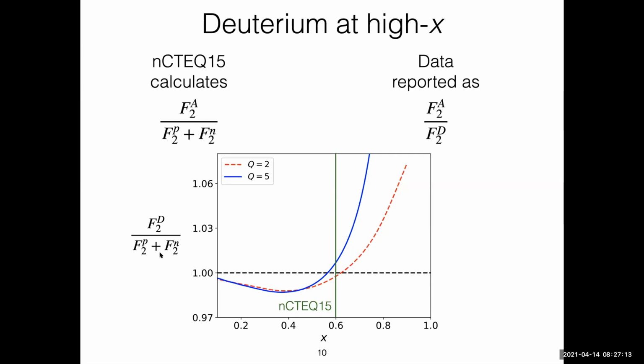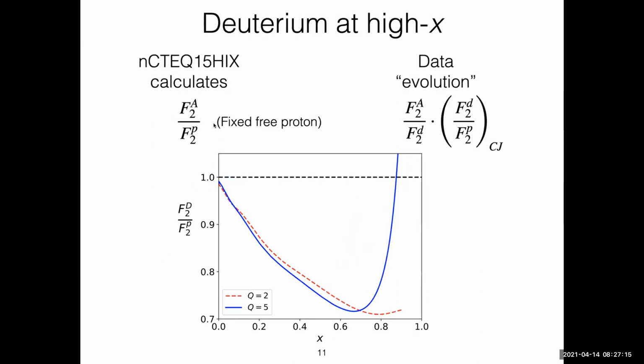So the approach that we've used in nCTEQ15 high X is that we again calculate F2A, but now we have a fixed F2P, and we essentially evolve the data from F2A. Instead of being reported as a ratio to F2D, we multiply by parameterizations of F2D over F2P.